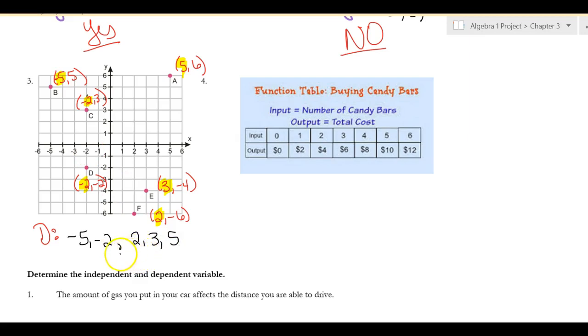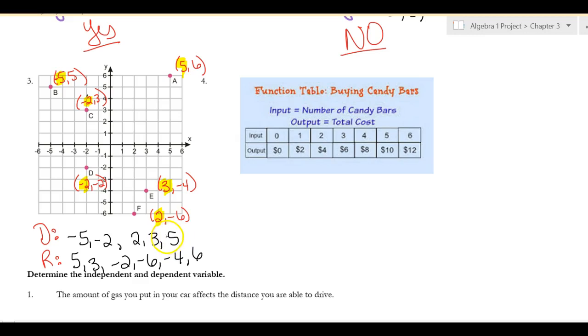Order of the domain really doesn't matter as long as you have all those points. Okay, let's go back now and find the range. Okay, so range is the y value. So I have a 5. I have a 3. I have a -2. A -6, a -4, and a 6, and none of those repeated.